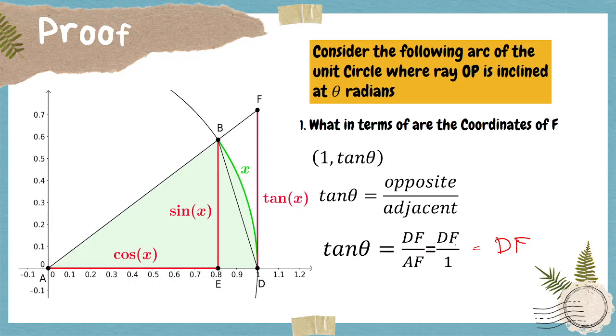Gets? Why does it become DF? We have D here. We have F here. This is the theta. You are right.